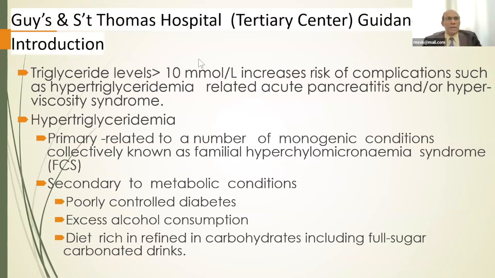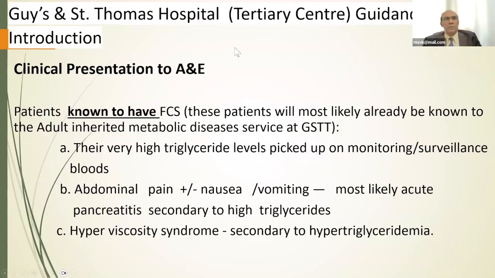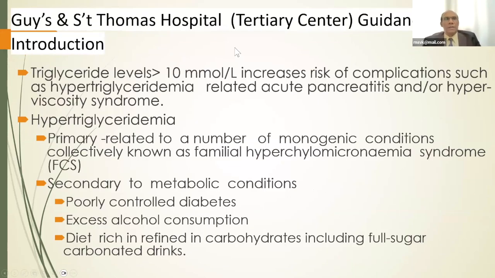So I'm going to share the guidance which was given to us by the tertiary hospital. Usually these cases are very rare, they are not very common. As per this guidance, triglycerides more than 10 millimoles increase the risk of complications related to acute pancreatitis and hyperviscosity syndrome.